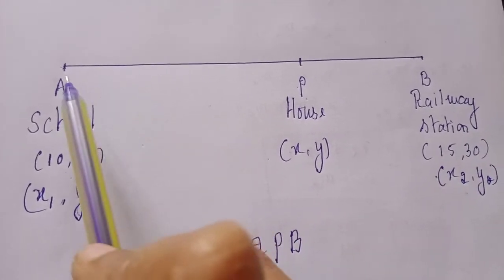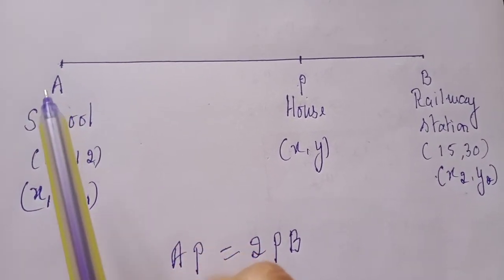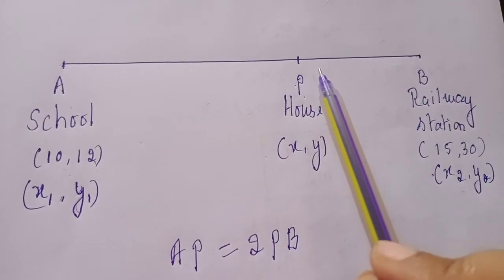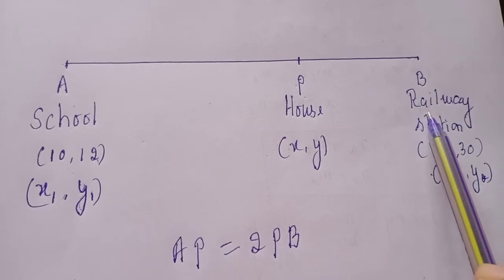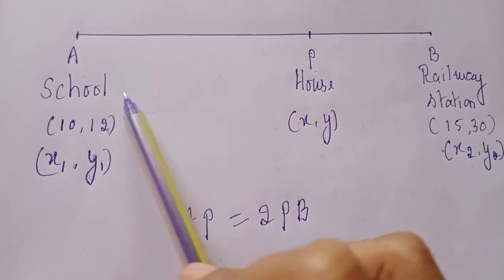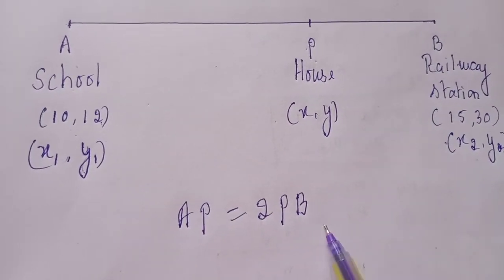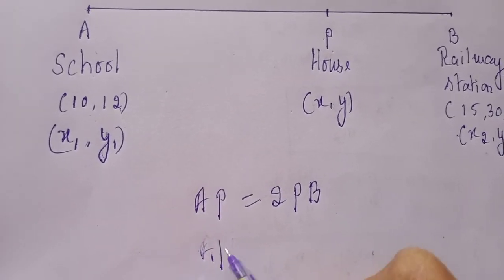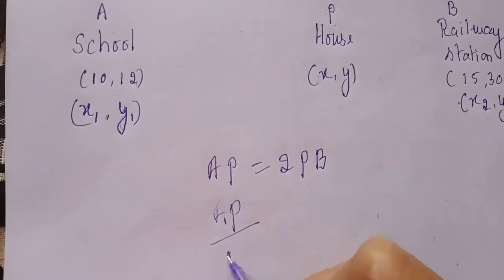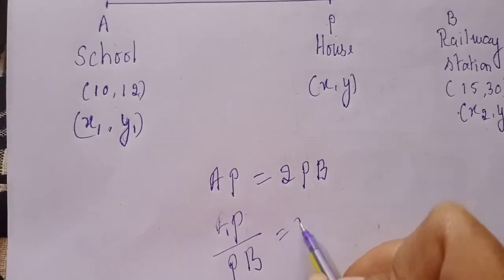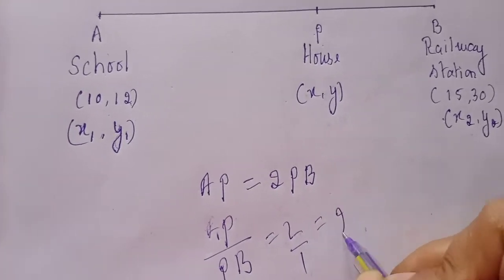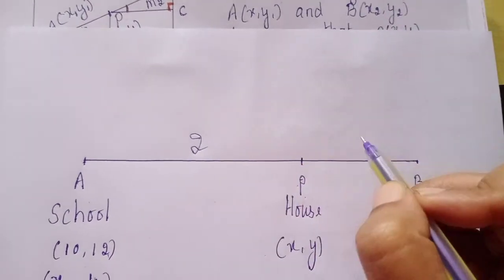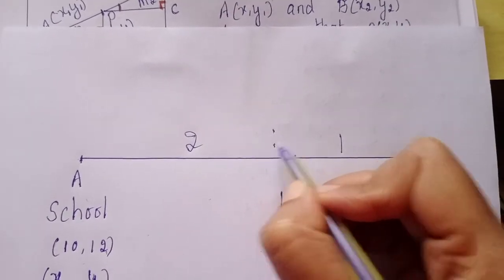And you also know that the distance between the school and the house is twice the distance between your house and the railway station. That means AP equals 2 times PB. When you write it in the form of a ratio, AP divided by PB becomes 2 by 1, that is, 2 is to 1.